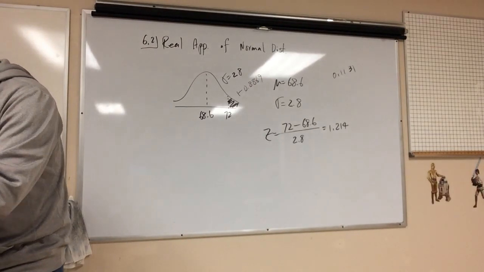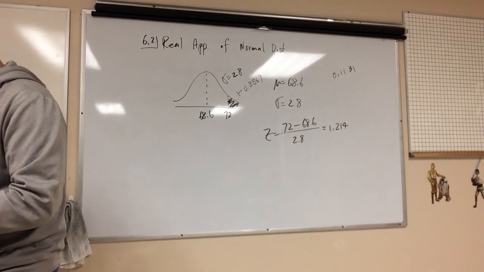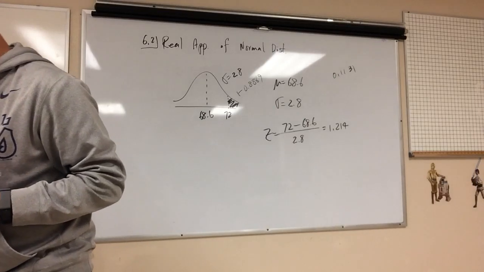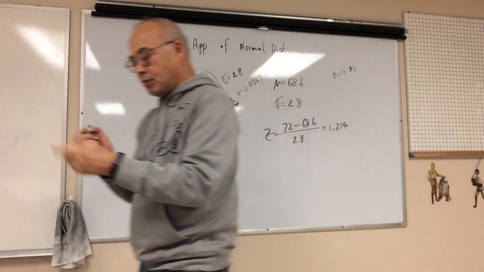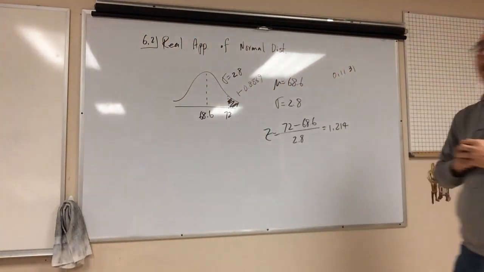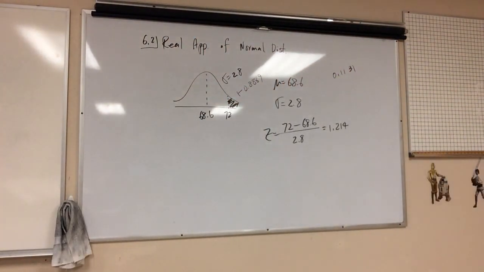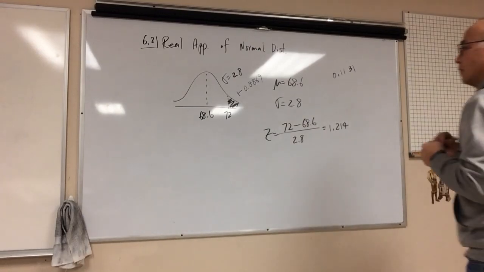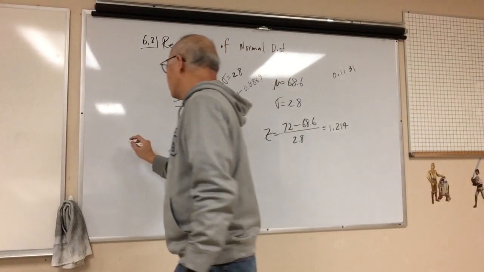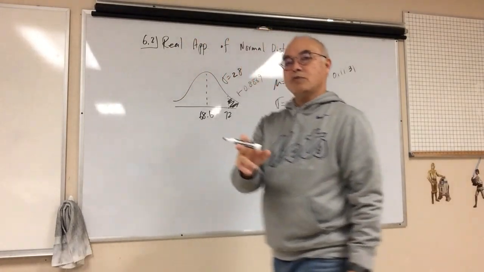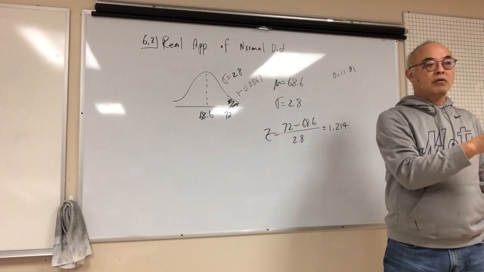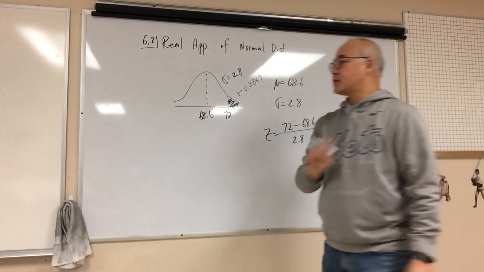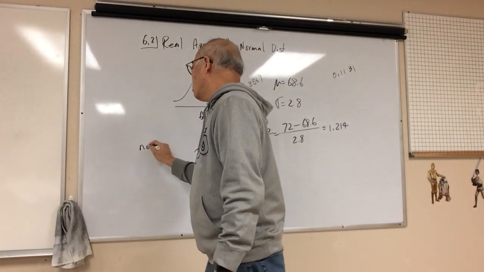Okay, 0.1131. So let's see if that is correct. How would I verify this with my calculator? What number would I use? Am I doing inverse norm or am I doing norm CDF? I'm doing norm CDF, right?